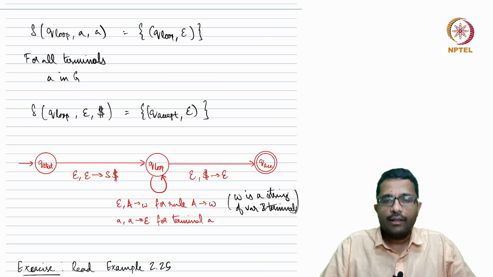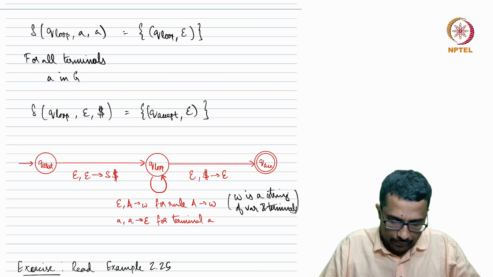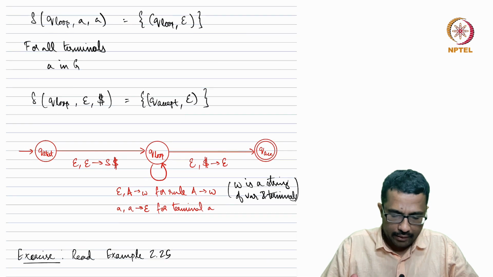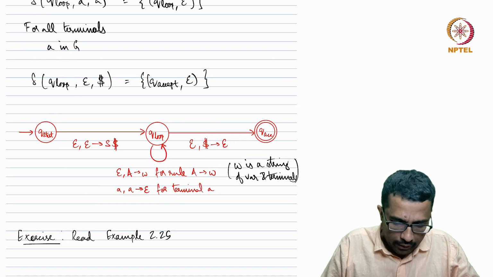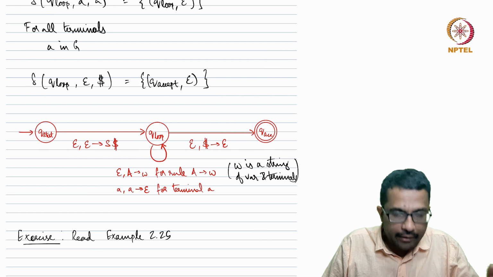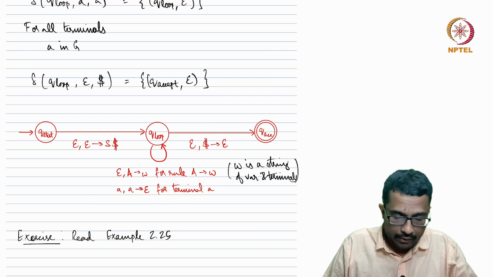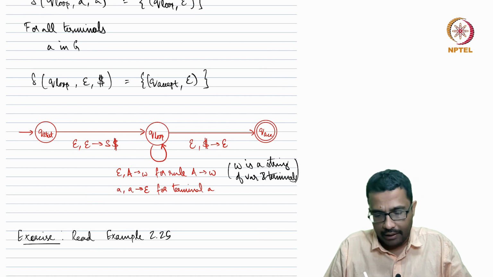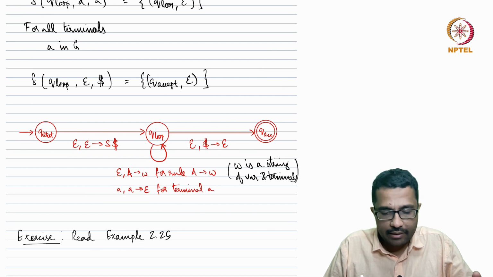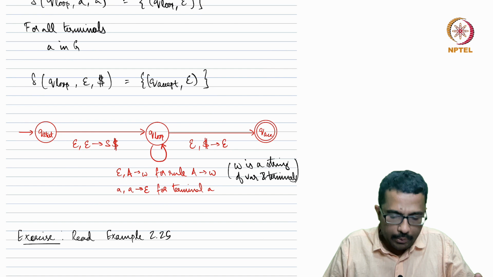So these are the set of rules here, the transition rules. If you have 10 rules in the grammar, there will be 10 rules of the first type, and if you have 3 terminals, you have 3 rules of the second type. So 10 plus 3, 13 rules will be there for this loop.